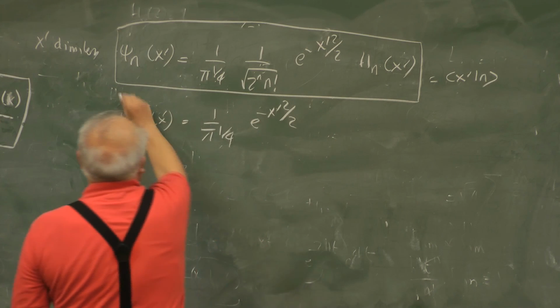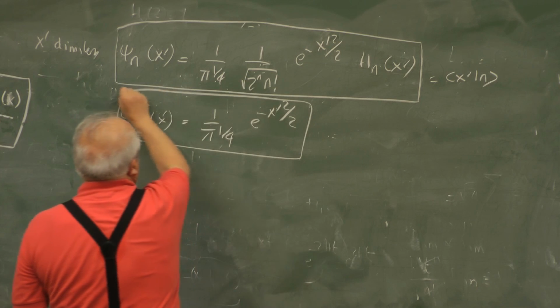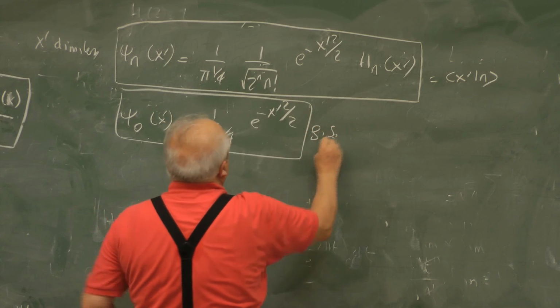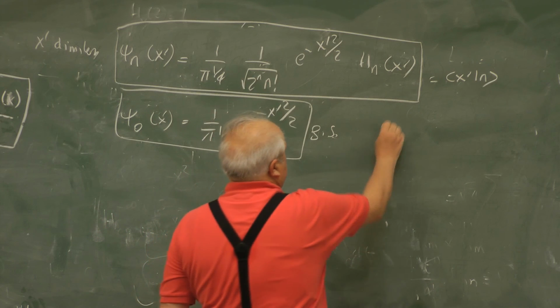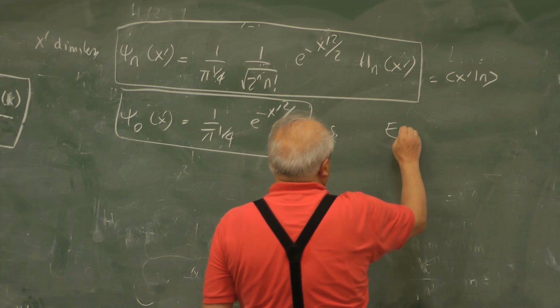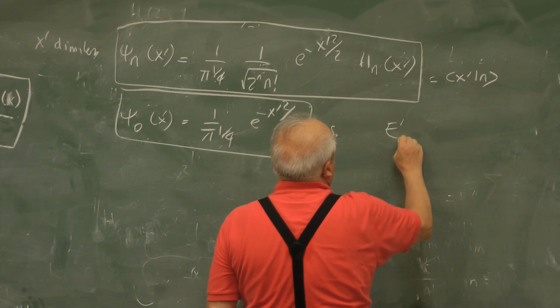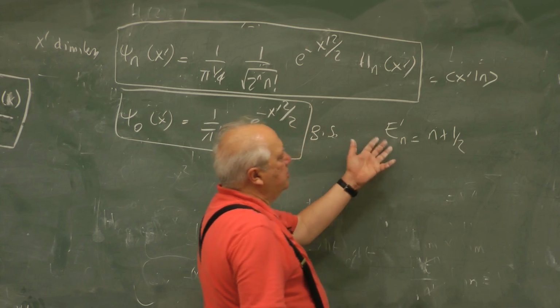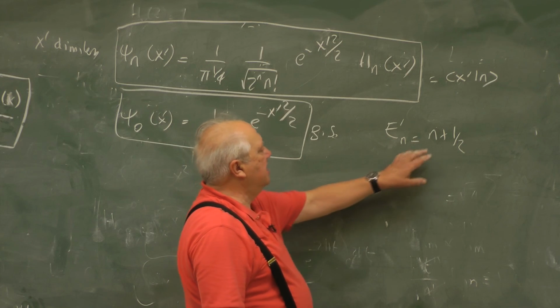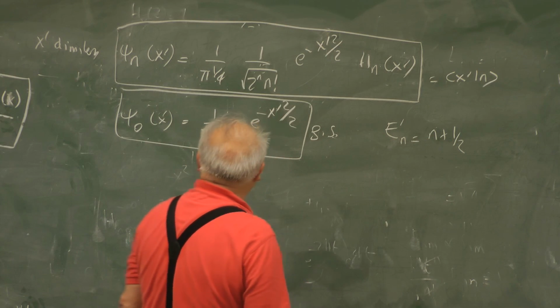So this is the ground state, the lowest state. This is the nth state, and the energy is simply n plus half, in units of h bar omega, so the real energy is h bar omega times that.